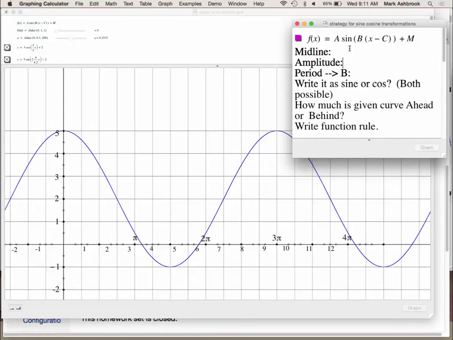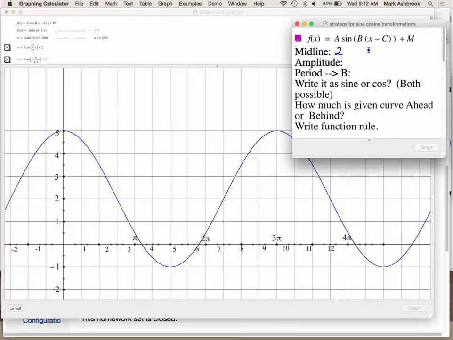Okay, so here's the order in which I suggest we work on it. Do the midline first. And so the midline is, for this graph here, can you see what it is? 2. Meaning every y coordinate is moved up 2 from the original midline of 0, right?